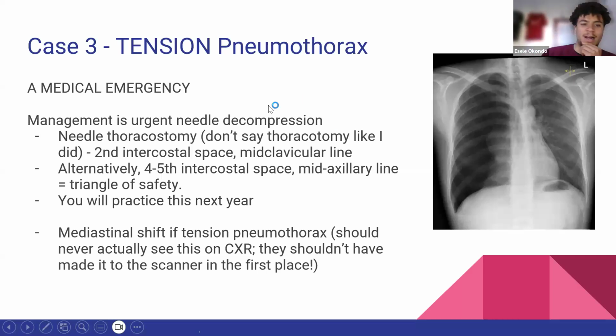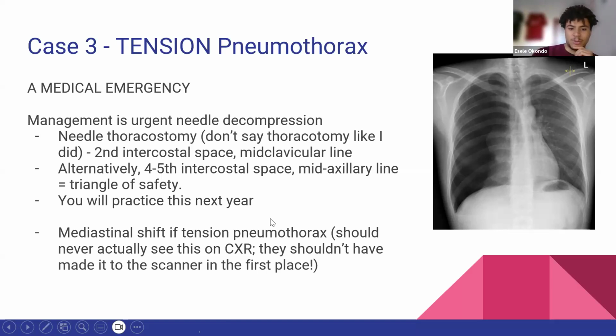The management is urgent needle decompression. I think there's been some conversation recently over which is the best place to do this. But needle thoracostomy is second intercostal space mid-clavicular line, or fourth to fifth intercostal space in the mid-axillary line. So that's called your triangle of safety.